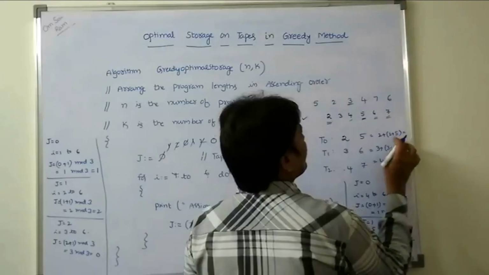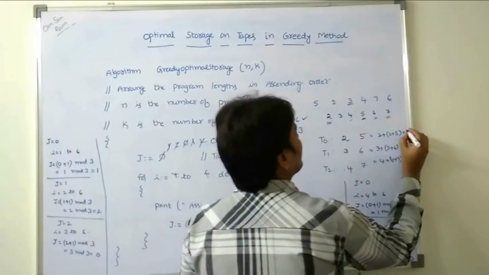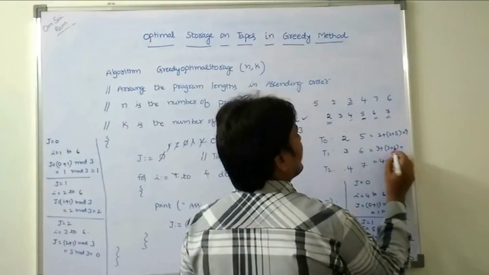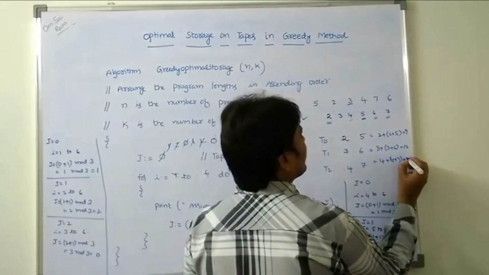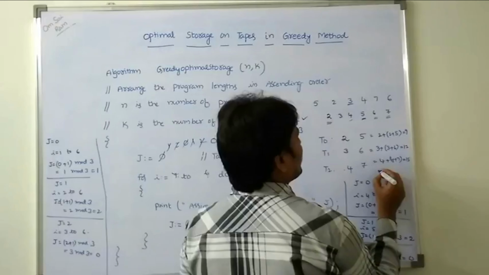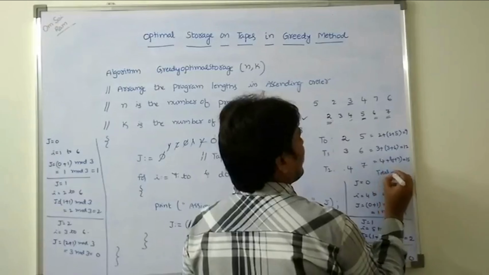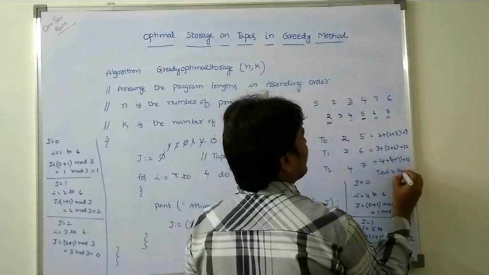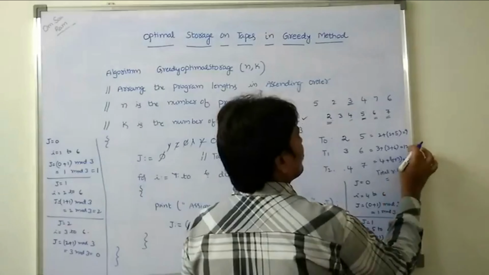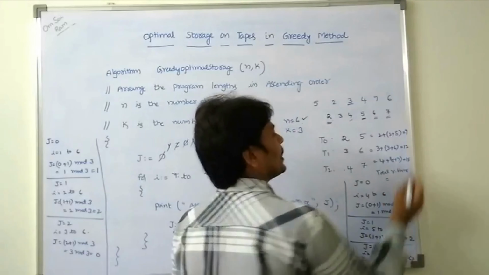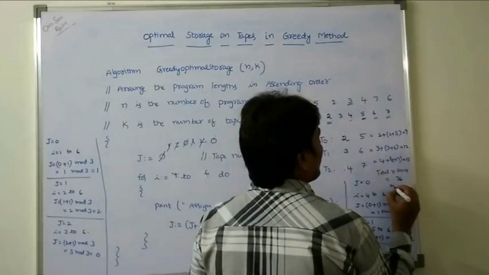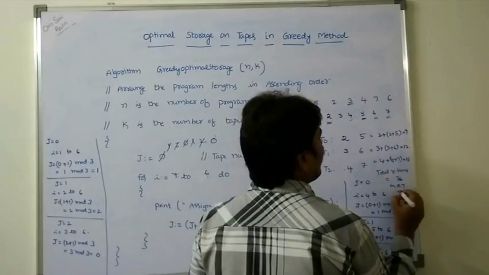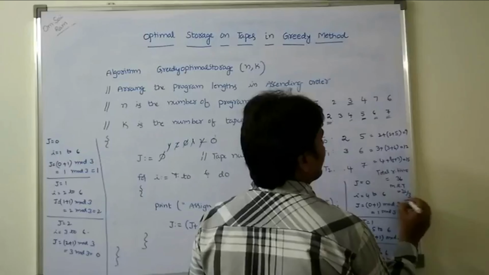So that is equal to 7 plus 2, that is 9. 9 plus 3, 12. That is equal to 11 plus 4, 15. So total retrieval time is equal to 12 plus 9, 21, 21 plus 36, 36. So MRT is equal to 36 by 3.